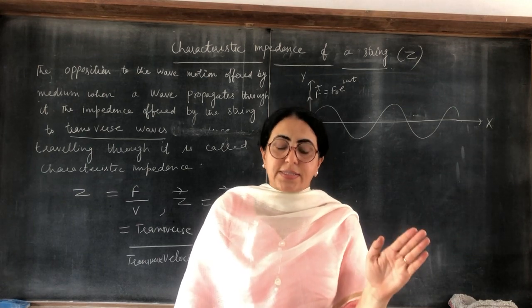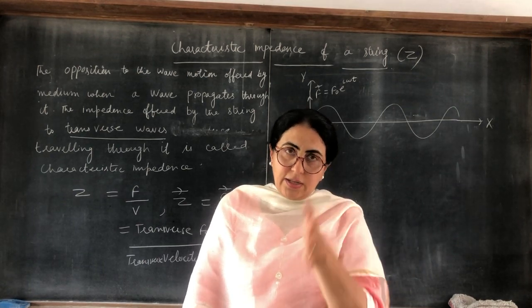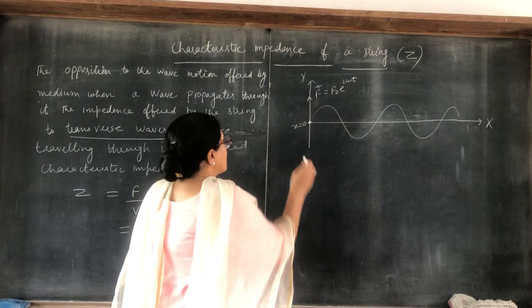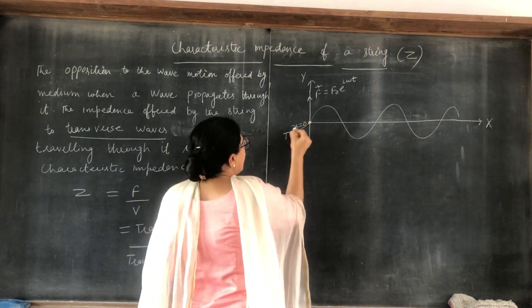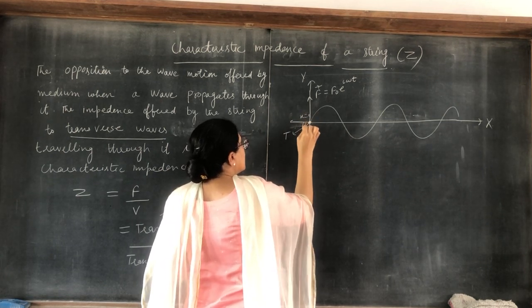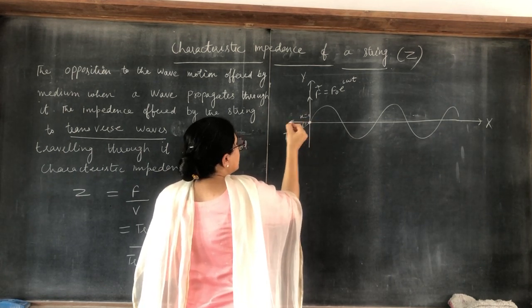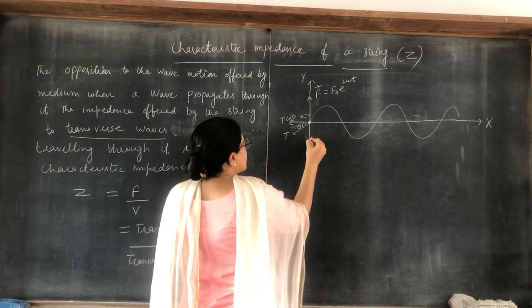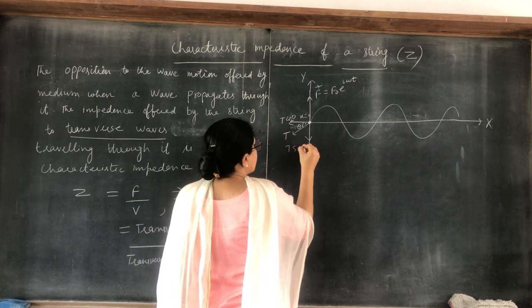One along the x-axis is T cos theta, and along the y-axis it is T sin theta. This angle is theta, so this is T cos theta, and along this side it is T sin theta.